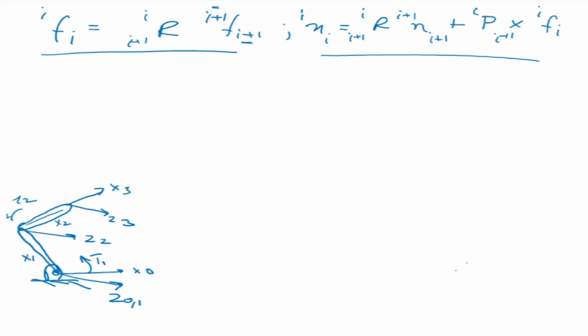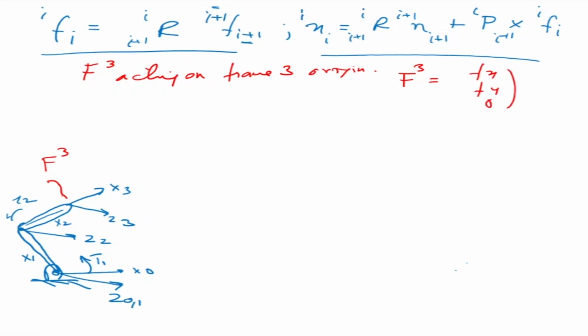Now let's say there is a force acting here. Let's call this force F3, acting on the frame 3 origin. Let's say F3 is equal to Fx, Fy, and 0, expressed in frame 3.